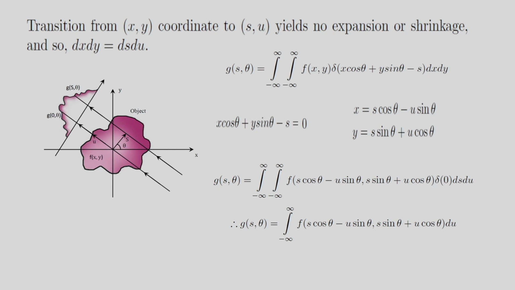Now, in the transition from the xy coordinate to the s and u coordinate system there is no expansion or shrinkage. That means the area will be the same, dx dy is equal to ds du.